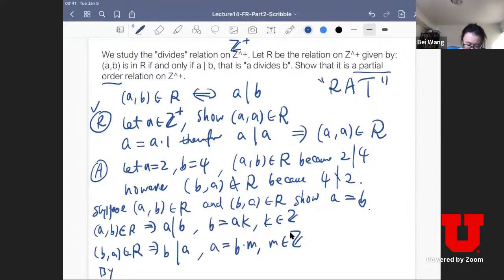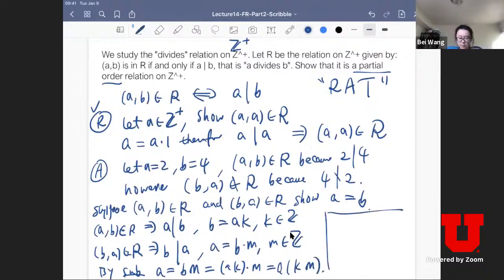We can say by substitution, A is equal to B times M, which is equal to AK times M, which is equal to A times KM. Okay. And because A is bigger than 0, which is positive, we have KM is equal to 1.